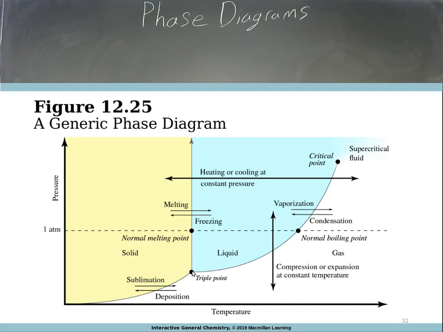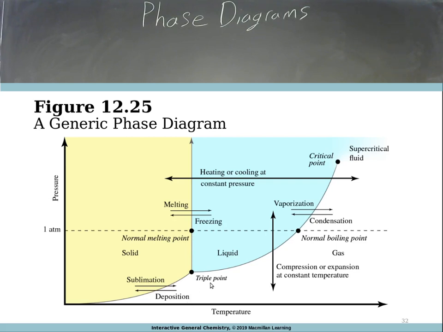So if I wanted to know what is the melting point at a given pressure, I would look for where this line is between the liquid and the solid phase. The temperature where that line falls is going to be the melting point.